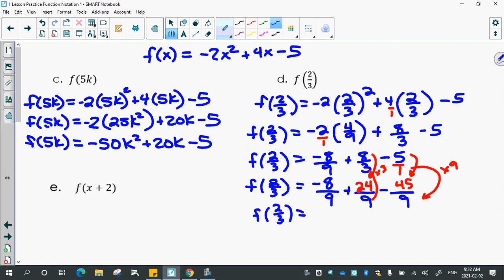So basically you could do negative 8 plus 24 minus 45 on your calculator, and then you know you're in terms of ninths. So you end up with negative 29 ninths. And then you could check and see if it reduces, but this one doesn't.